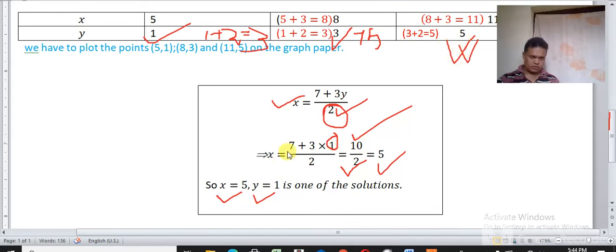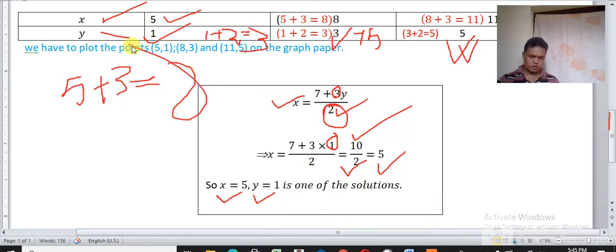This is for y, and in the row of x you have to go to the coefficient of y. Here the coefficient of y is 3, so 5 plus 3 equal to 8. Again 8 plus 3, every time you have to add 3. 8 plus 3 will be equal to 11.